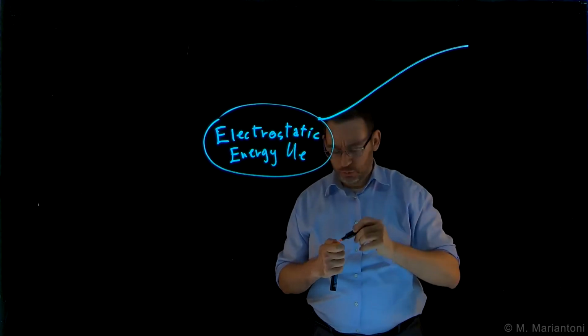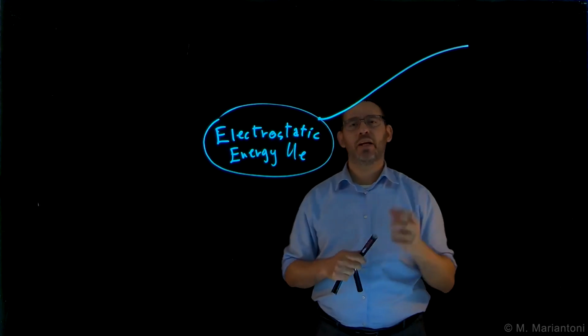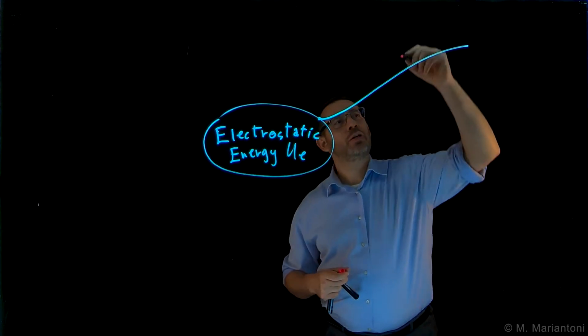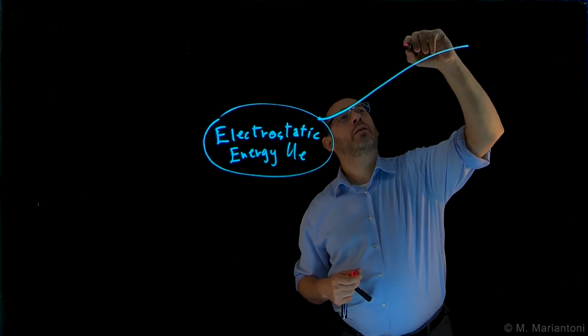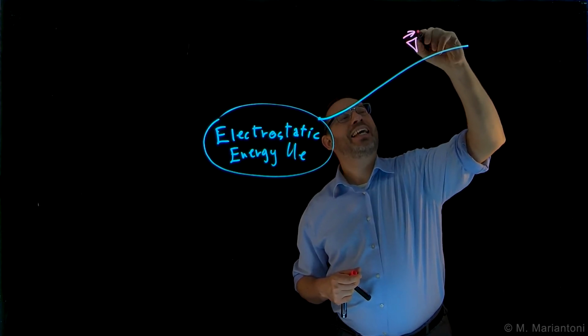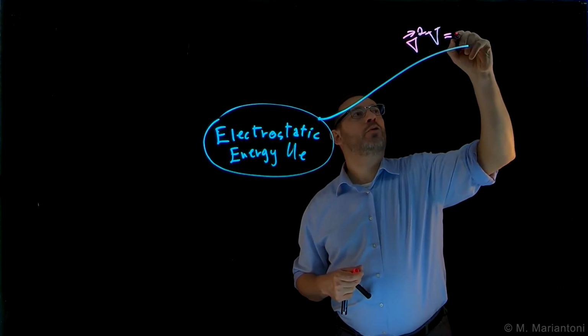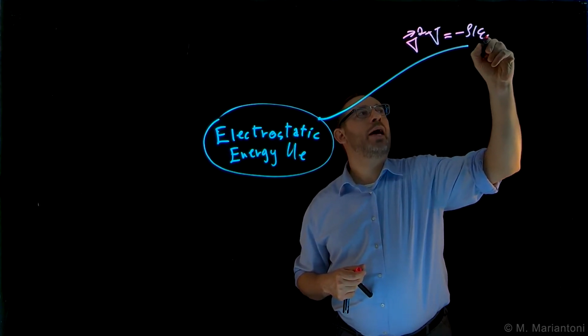So according to Poisson equation, given a volumetric charge density ρ, which is continuous and limited in space, we can find the scalar Laplacian of the electrostatic potential V is equal to minus ρ divided by epsilon naught.